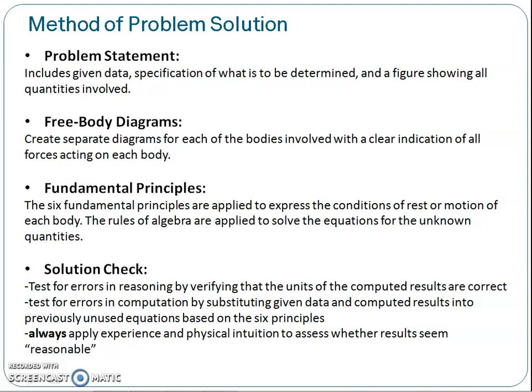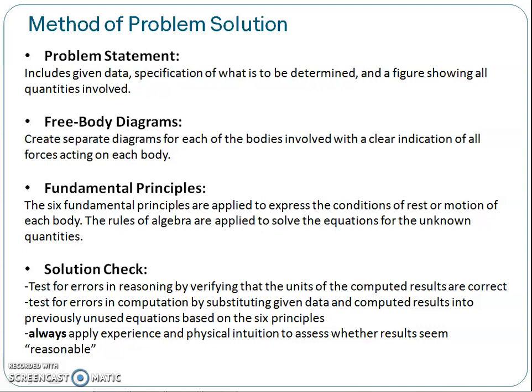Finally, we need to check our solutions. We need to test for errors in reasoning by verifying that the units we are using to compute the results are correct. We can also test for errors in computations by substituting the data that we have and the computed results into other unused equations of the other principles.